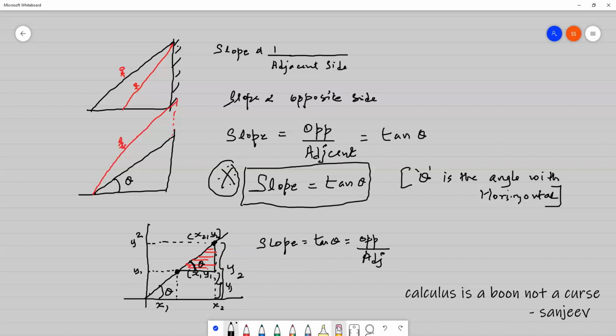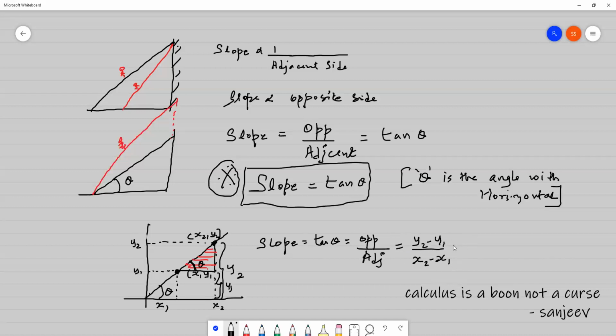So the opposite side is y2 minus y1, divided by x2 minus x1. So this is the slope of the line.